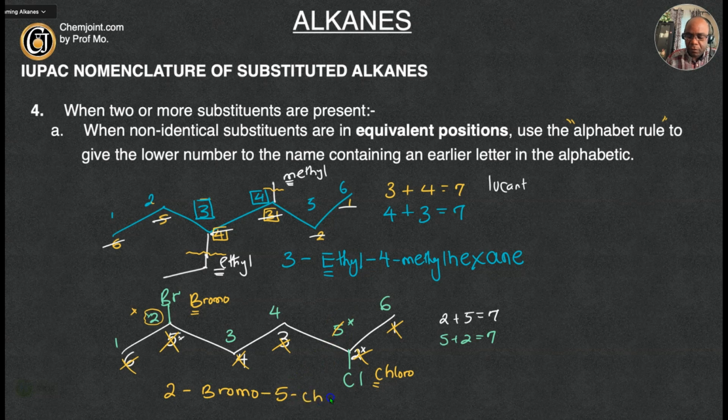So 5-chloro, and then it has 6 carbons in the longest chain, so hex, no double bond, N. This type of structure is called an alkyl halide, and you will discuss it when talking about substitution reactions 5 or 6 chapters after this. So 2-bromo-5-chlorohexane would be the name for this, where the number locant position did not help. We had to use the alphabet rule based on the first letter of the substituent.